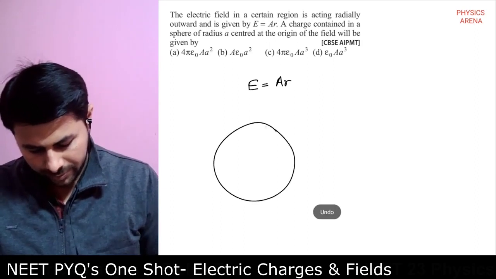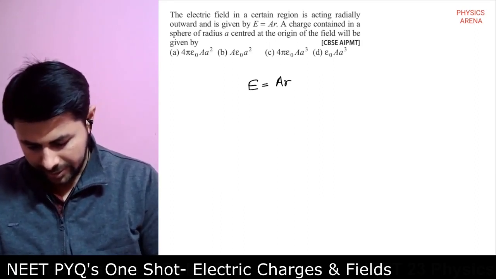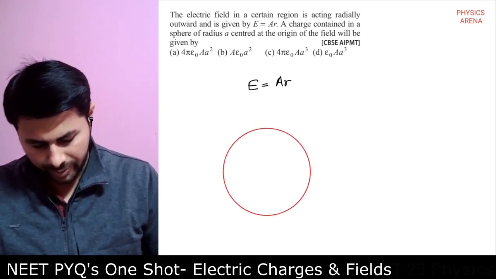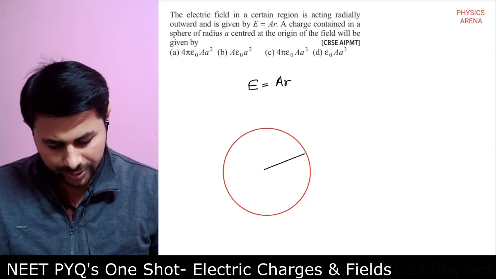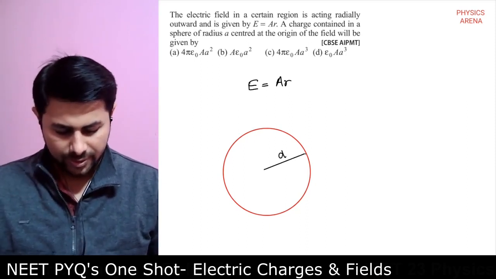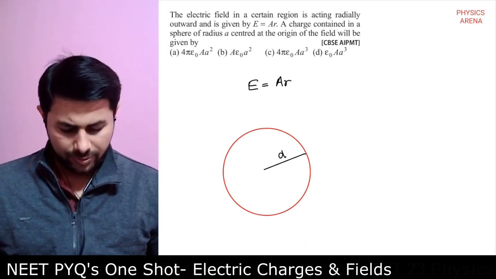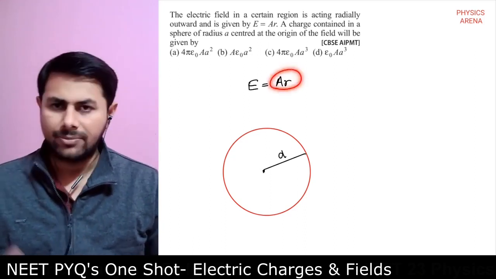So here, let's suppose this is the sphere of radius a, and we are supposed to find the charge enclosed in this sphere. See, the electric field is A times r.